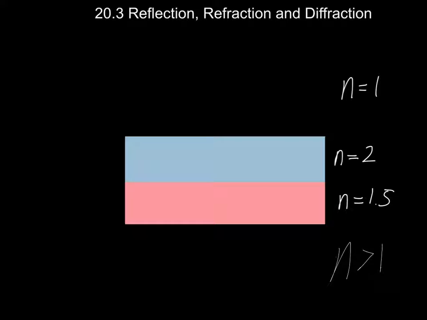And here we have a ratio. So the index of refraction, n, is something that we're going to calculate by taking c, the speed of light, divided by v, the speed of light through whatever that object is. So when we say that c is the speed of light, what we really mean is that c is the speed of light through a vacuum.